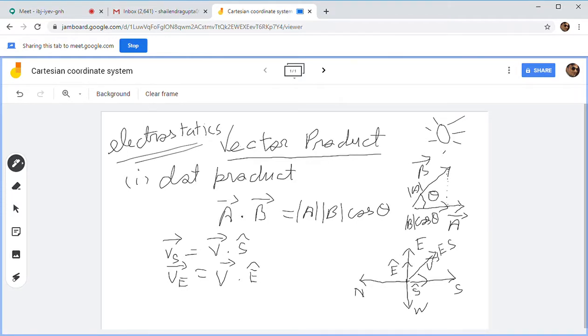So what will be your vector V? Vector V can be understood as vector S plus vector E. What are these two vectors?